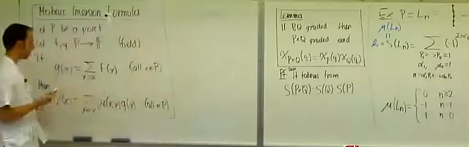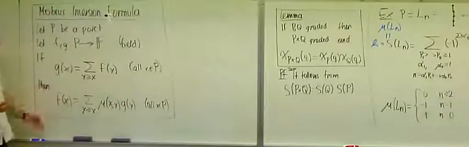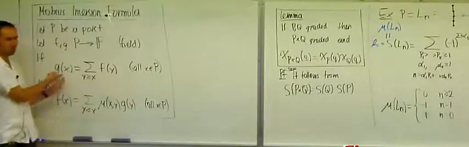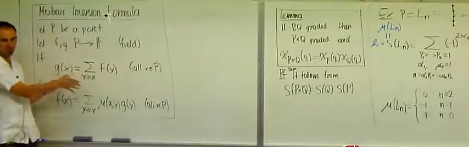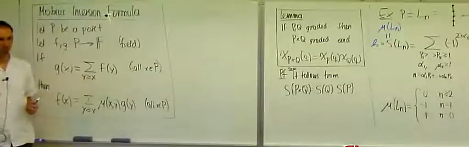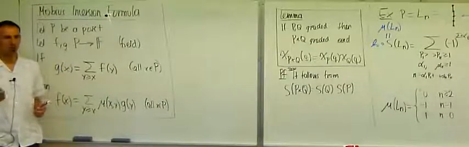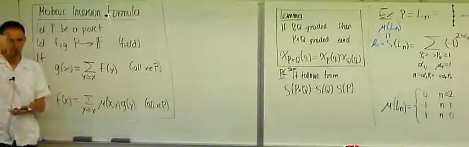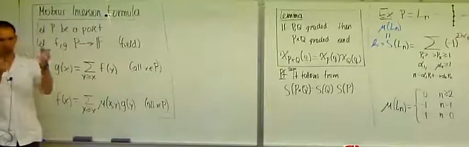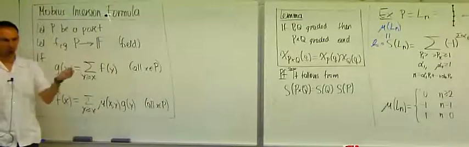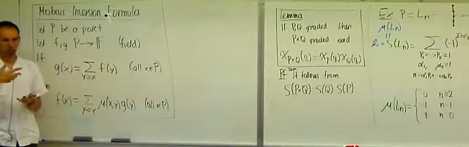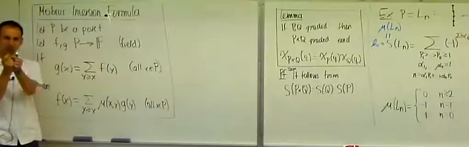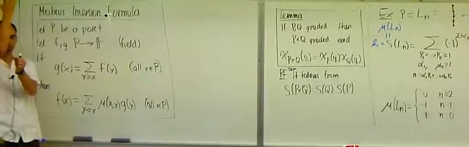It's an inversion formula because the way this usually goes is that you have a function f in mind, and then g is defined in terms of f in this very specific way. Okay? Think about it this way. These are functions from a poset to somewhere. So you have your poset, and to each element of the poset you assign a number or a polynomial. It doesn't matter. So f is some assignment like that, and then g is obtained by: g of x is the sum of all the f's above x.